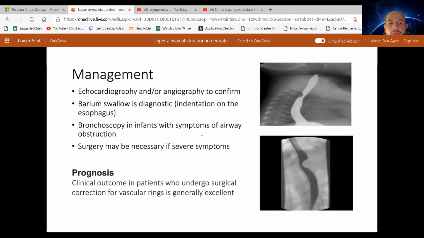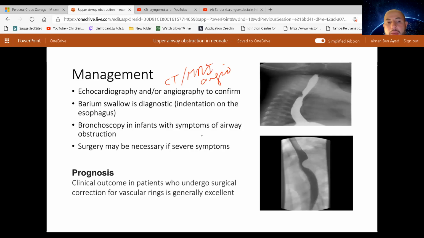How to diagnose? Usually by echocardiography, and to confirm and see the whole anatomical structure of the vessels, you need an angio, either CT angio or MRI angio.